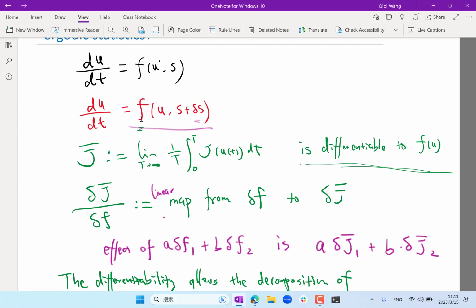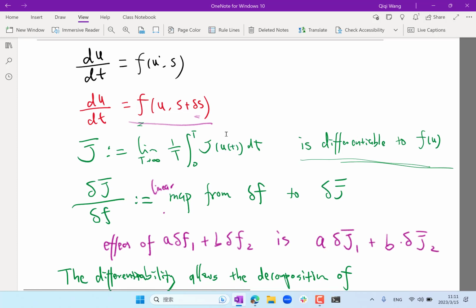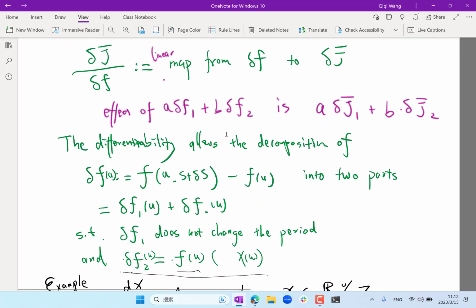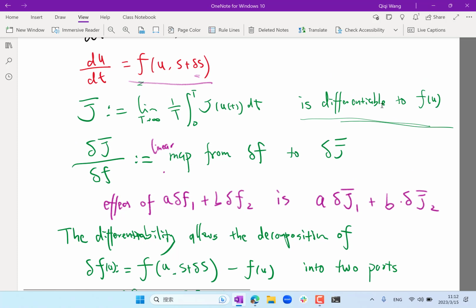We're not going to go into the boundedness of a linear operator today, but linearity is a key issue underlying the differentiability of the objective function. With that linearity assumption, we decompose the delta f into two parts, and the resulting change in the objective function should be just the addition of the results from these two delta f's.